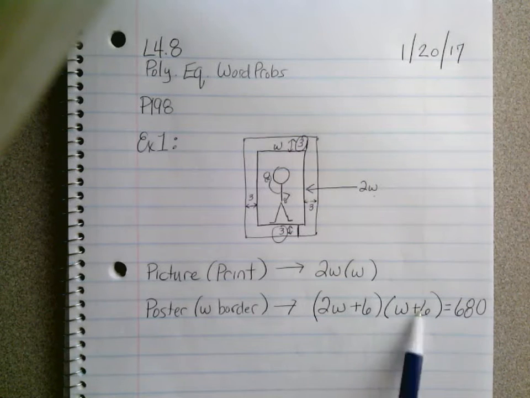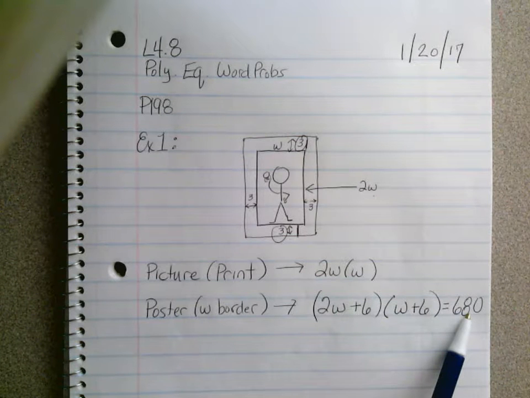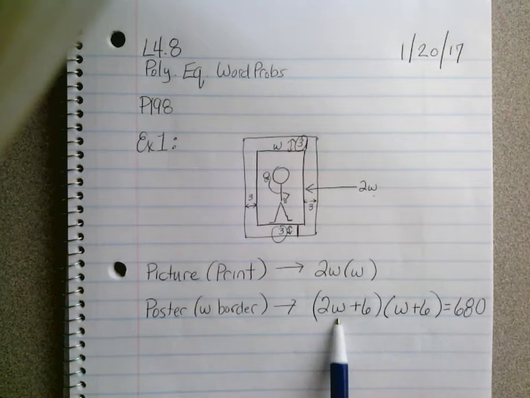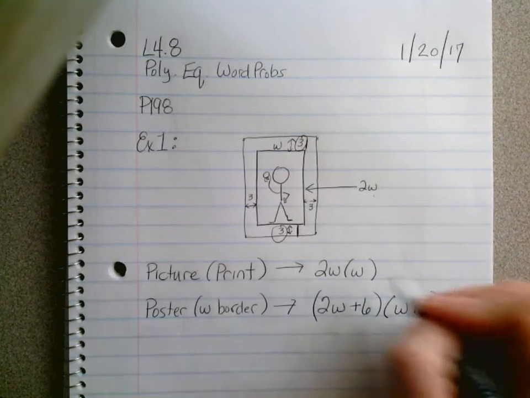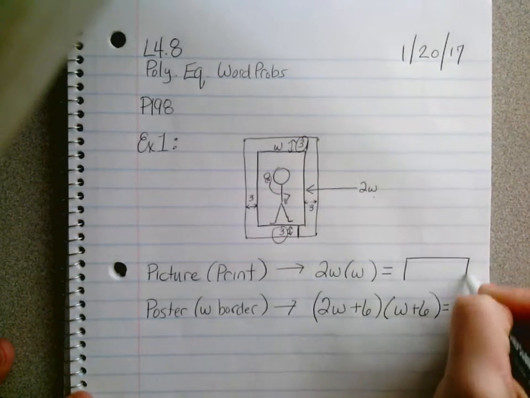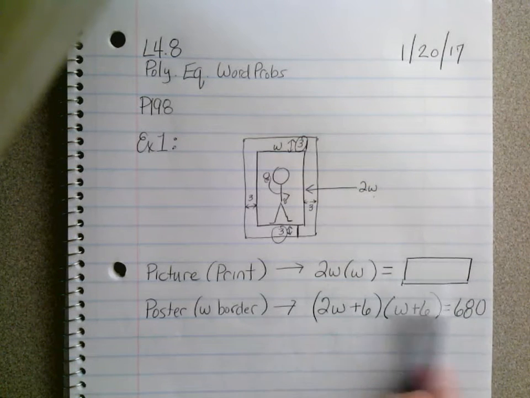So I know these dimensions equal 680 when multiplied together, according to the story problem. And if I find out what W is and plug it in here, I'm able to answer what the area of the print itself is. But until I find out what W is, I'm not able to do that.